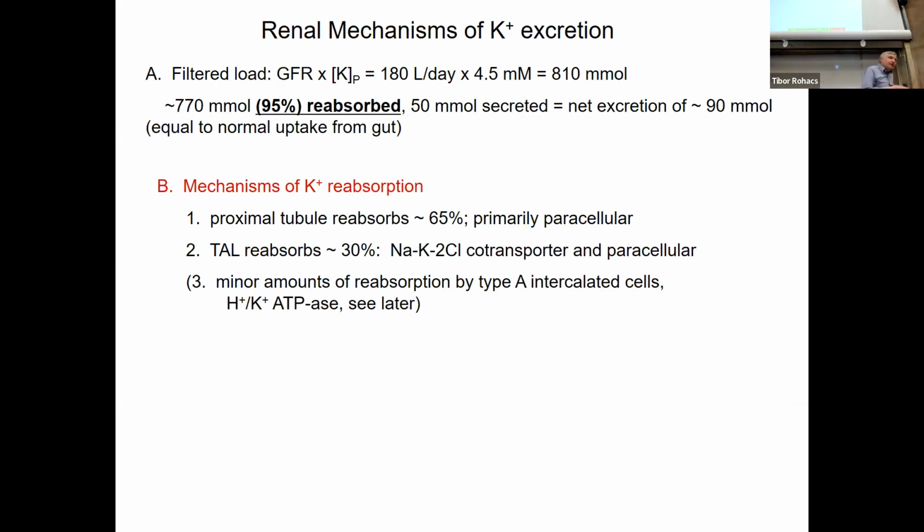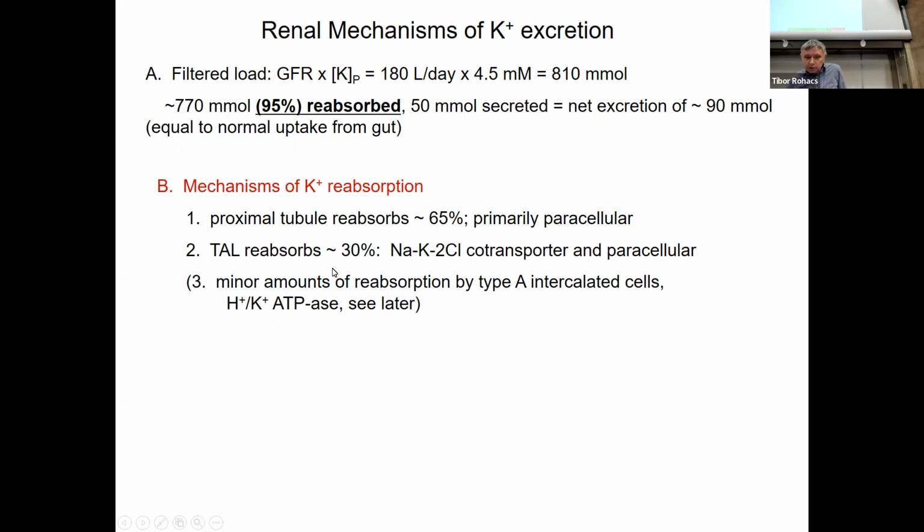So we sort of deviated from the kidney a little bit because it's also part of how we regulate potassium. But now we actually come to the kidney. So with kidney regulation, what you need to know is that the proximal tubule reabsorbs 2/3 of potassium, just like for many other electrolytes.